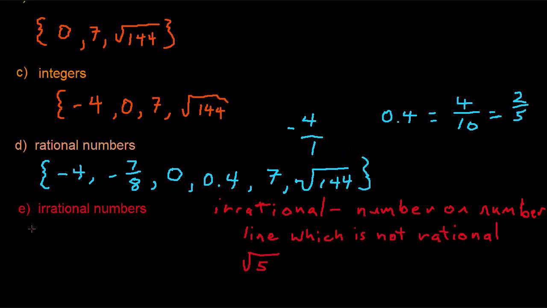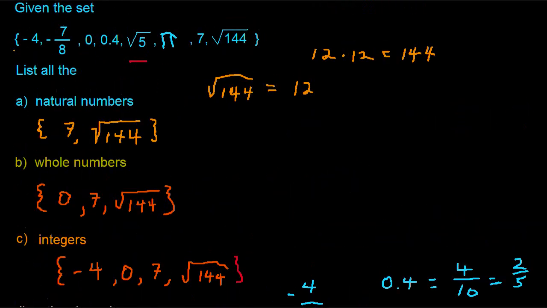It's just being rounded on the calculator. So the square root of 5 is a number on the number line, but it is not a rational number. And now let's take a look at pi.